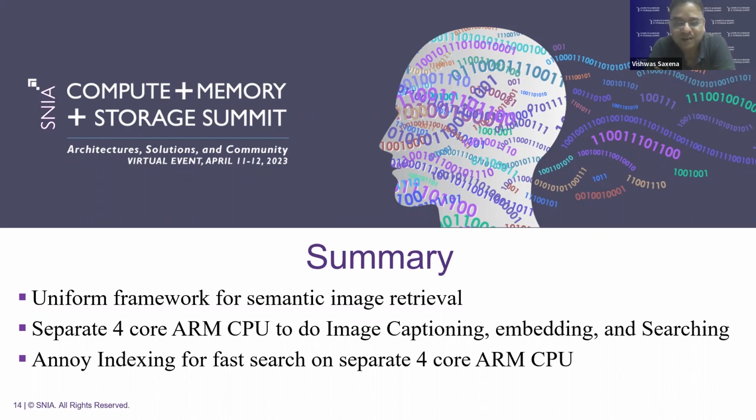The Annoy indexing was used for fast search on the SSD inside the quad-core CPU, which results in a smaller footprint for storing the embeddings and a faster search.